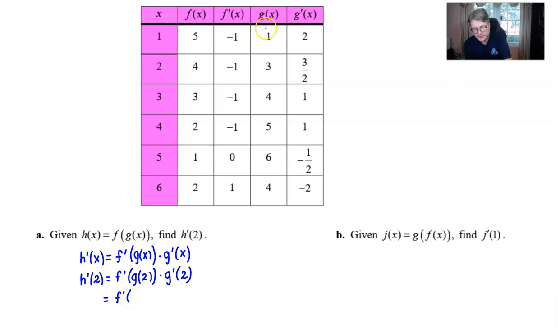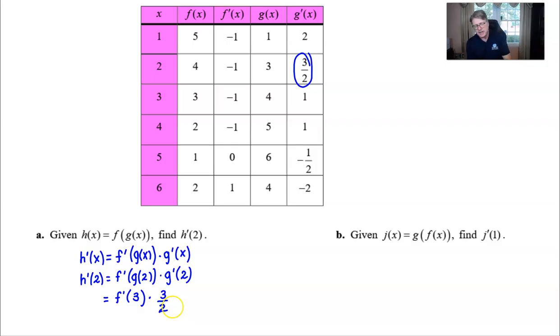Well, g of 2 means we want to look at the g column, cross-index it with the 2 row, and we see that we're going to get 3 for that particular value. Now for the g prime, we're going to just pop on over to that column, and we see that the g prime value of 2 would be our 3/2 here.